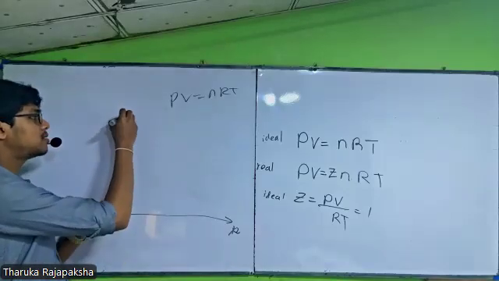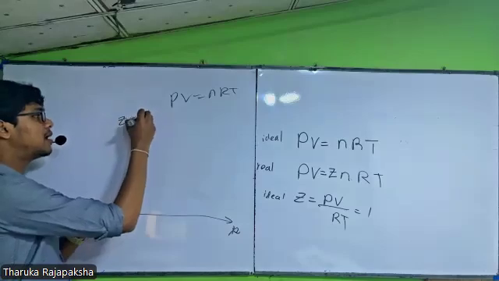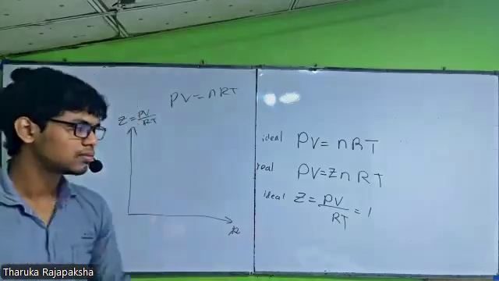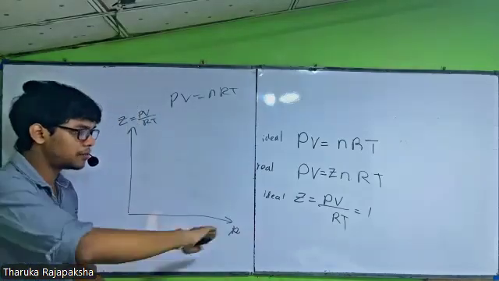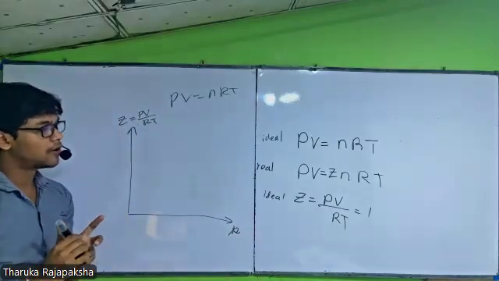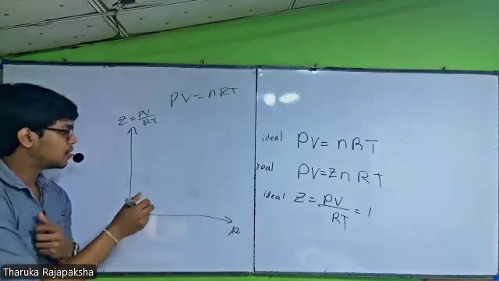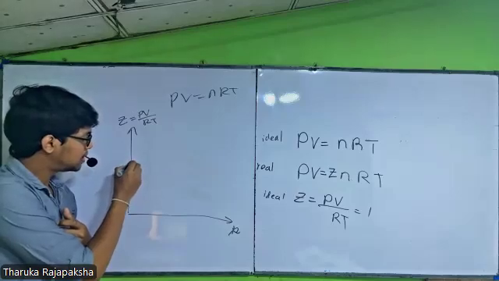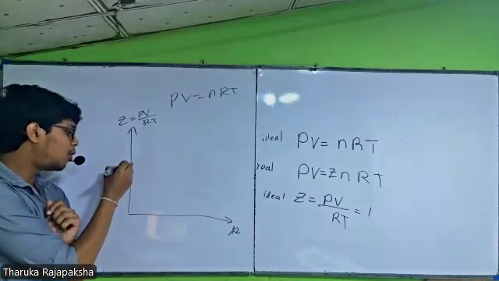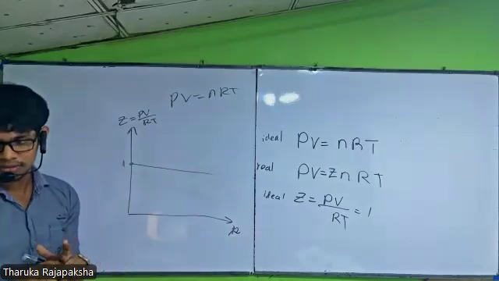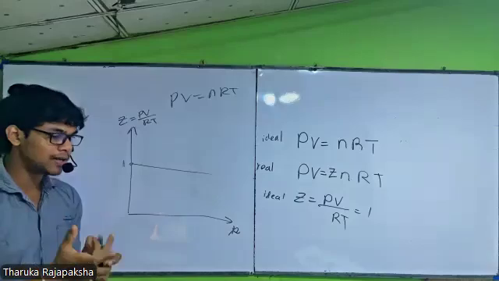This is the compressibility factor, which is equal to PV over RT, this value, right? You increase the pressure for an ideal gas, the Z value always stays equal to 1.